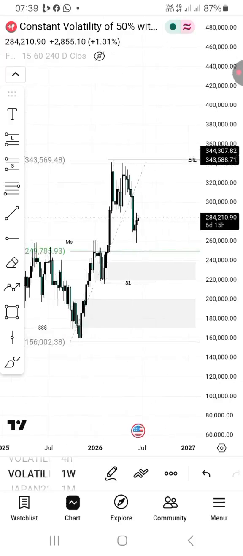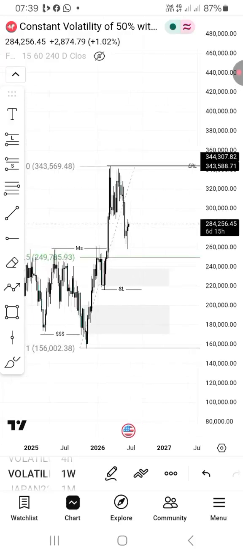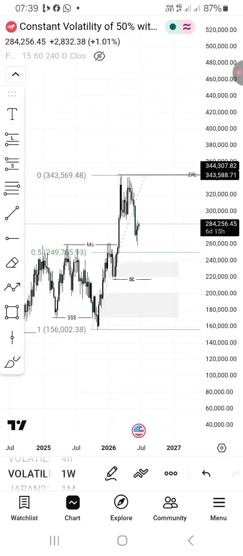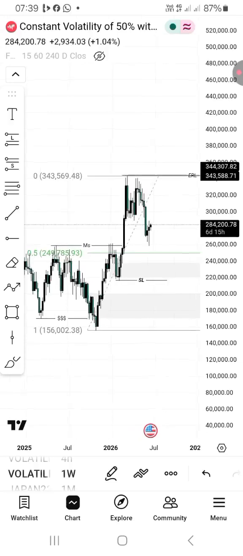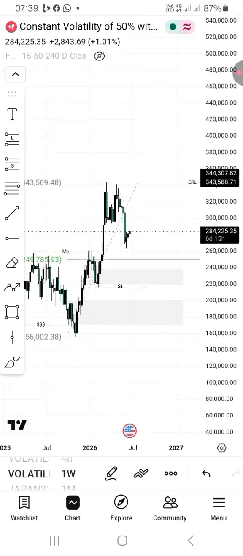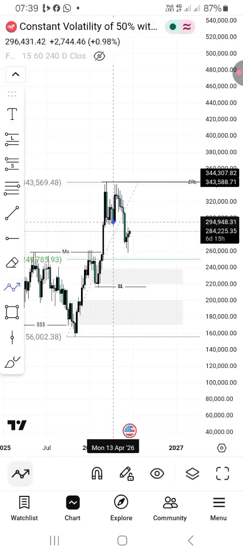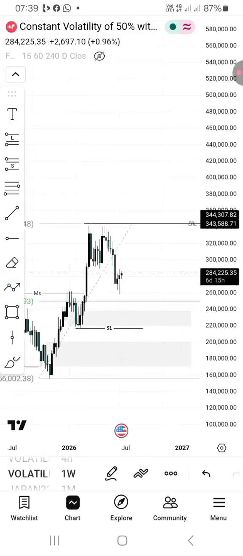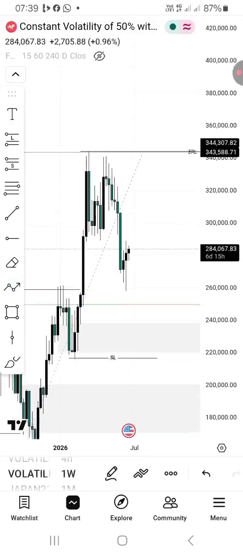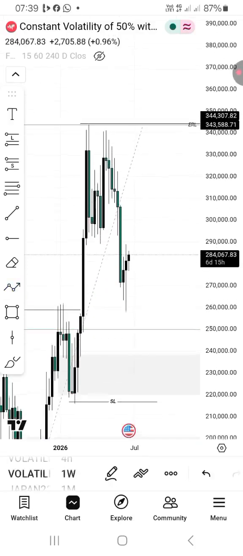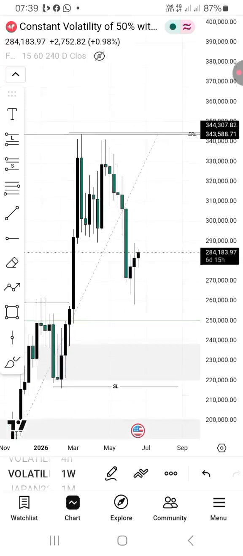So as you can see, price is currently bearish on the weekly time frame. Reason because if you check closely, let me zoom in so we'll see this clean.